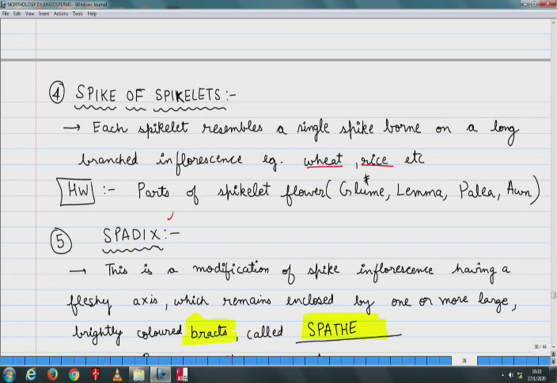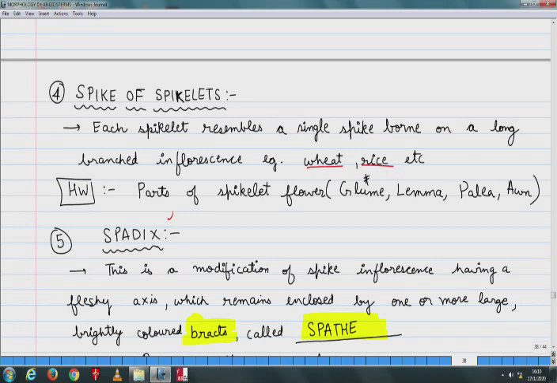Have you completed the definitions of glume, lemma, palea? At least I expect that you have completed the definition of glume. Have you done it? At least say yes or no. I'll include this in your notes.